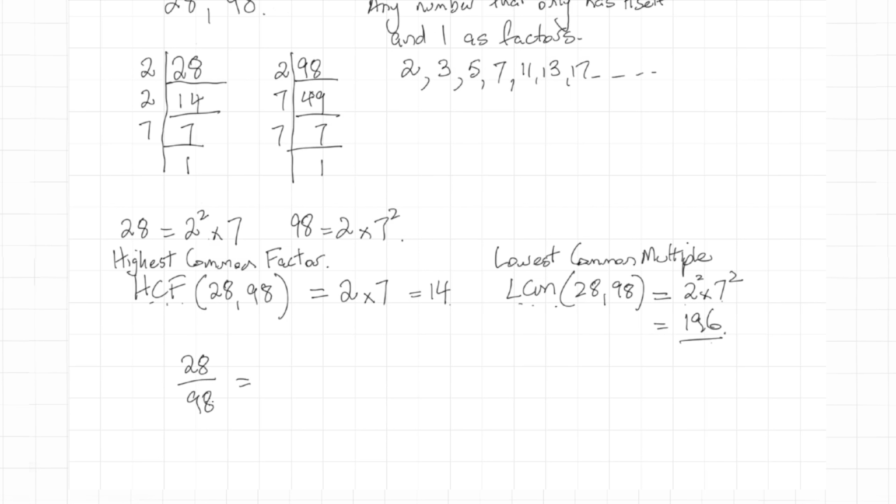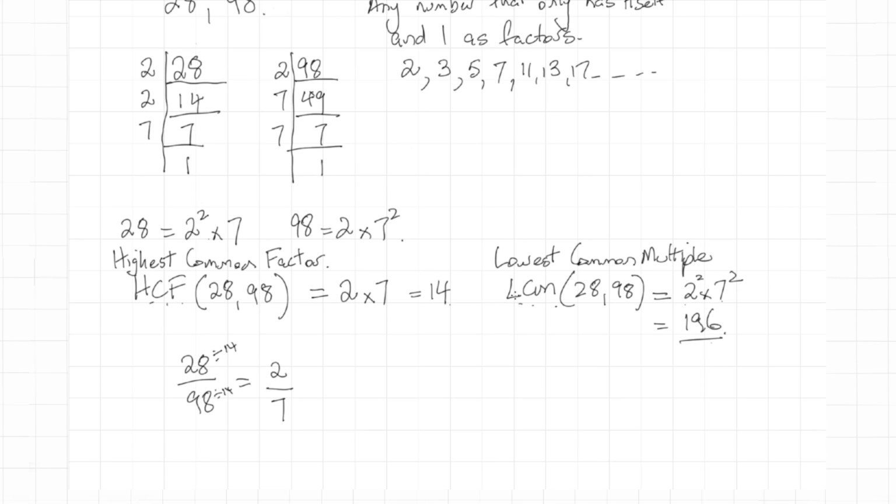So if you were trying to cancel this down, we would divide by the highest common factor to get straight to the fraction in its lowest form. So if we divide both of these by 14, 14 into 28 goes 2, and 14 into 98 goes 7. So just dividing by the HCF, which is 14, we'll get 2 over 7.